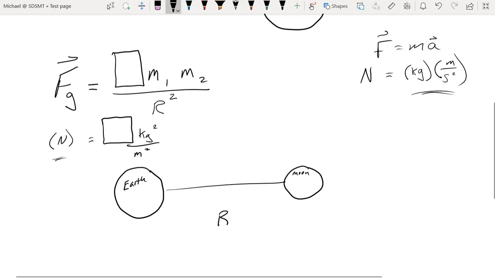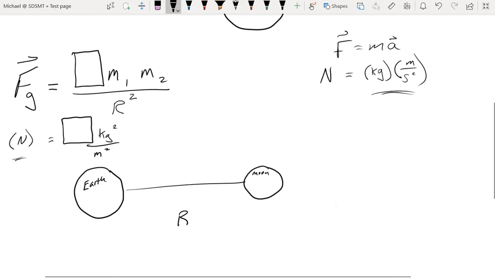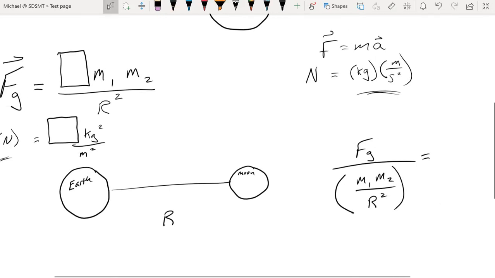So there's a missing term here, and the way that Newton was able to solve for that missing term was he just took the ratio of everything that was already present in the expression. He took the measure of force on the left, he divided by the combination of the masses and the separation distance, and this ratio had to equal whatever the missing piece was.